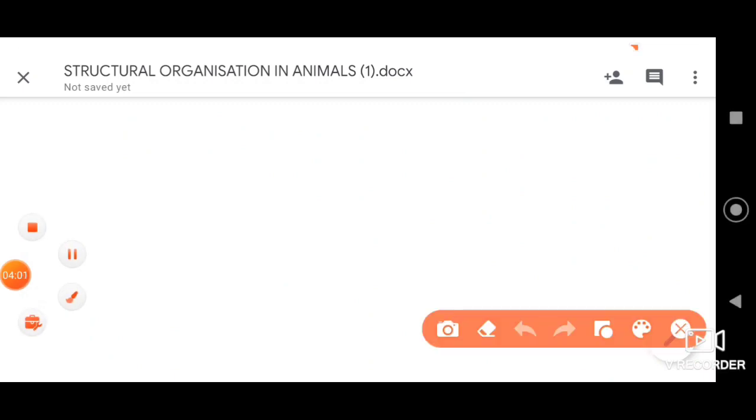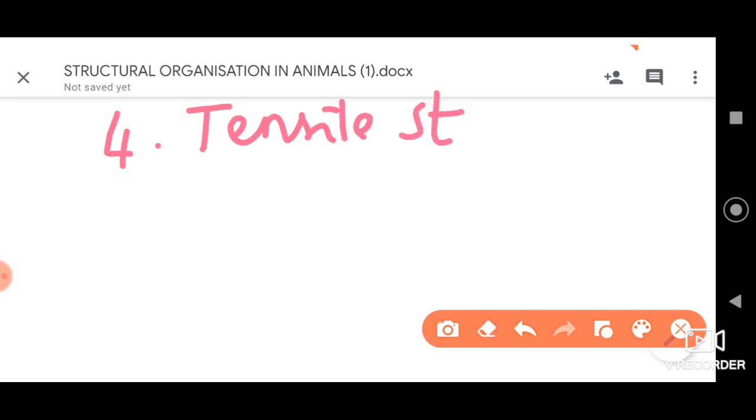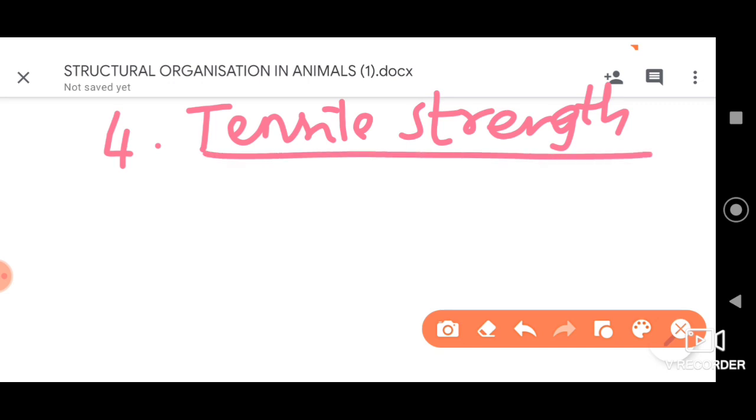Then the fourth function of this is that it provides greater tensile strength to withstand. That means it helps in providing high support to the body during a lift, when some weight is lifted, or when there is more flexibility.